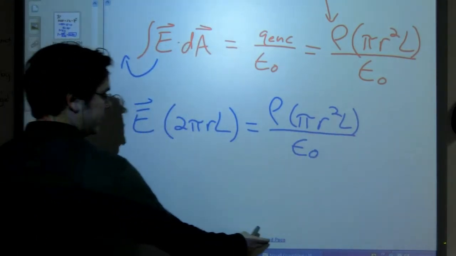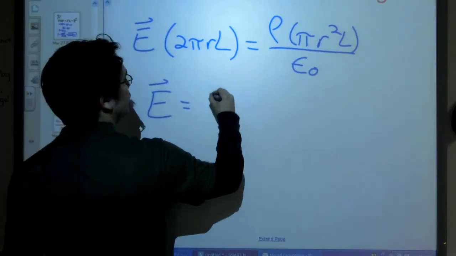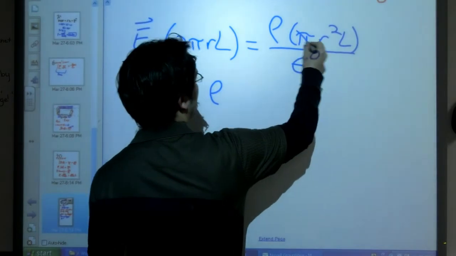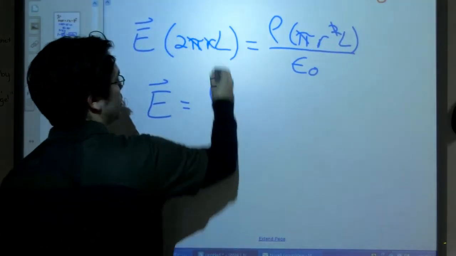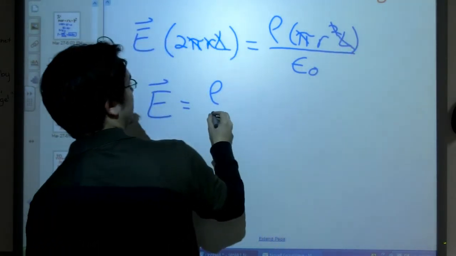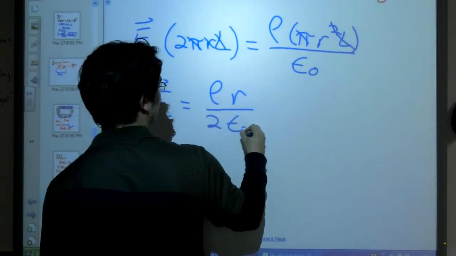I'm going to solve for my electric field, so I've got my electric field equals rho, let's see, our pi's get canceled out, this r cancels with one of those because that was r squared, our L's cancel out, and we end up with rho times r divided by 2 epsilon naught.